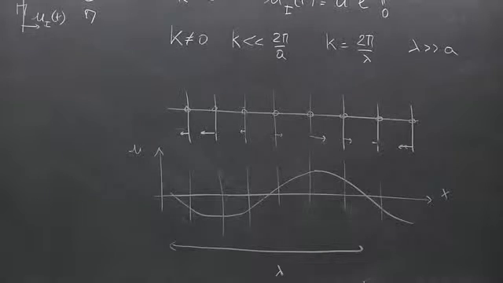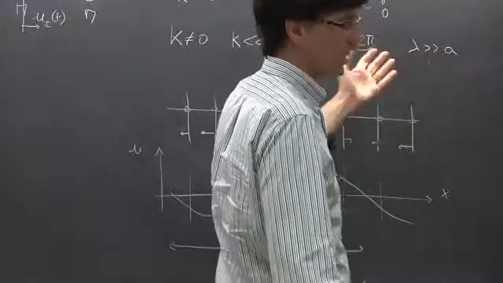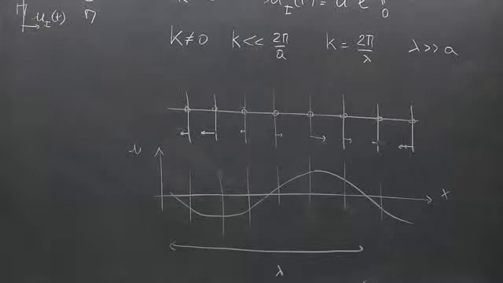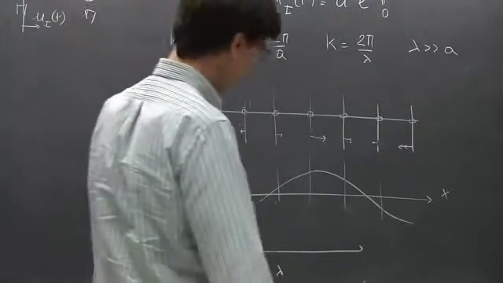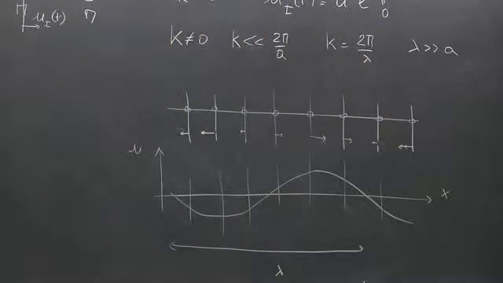So if a is of the order of a few angstroms, typical distances between solids, I'm talking about anything which is much longer than angstroms. It could be microns, it could be millimeters, it could be meters, it could be kilometers, it could be anything. All this satisfies this condition, so we are talking about something very close to this point here.